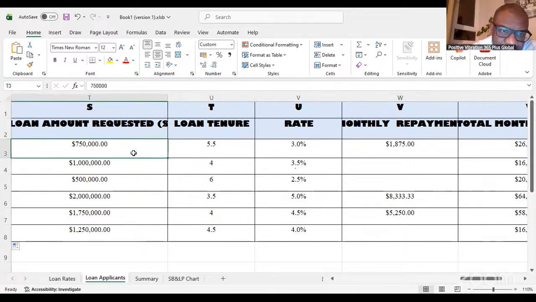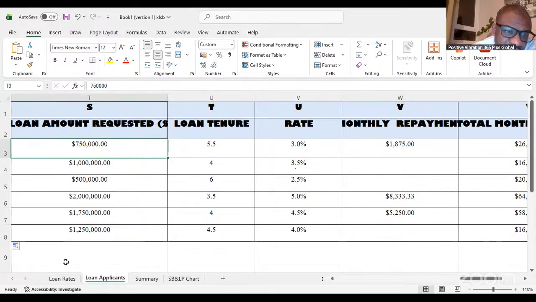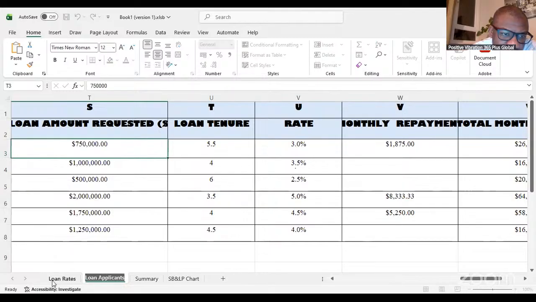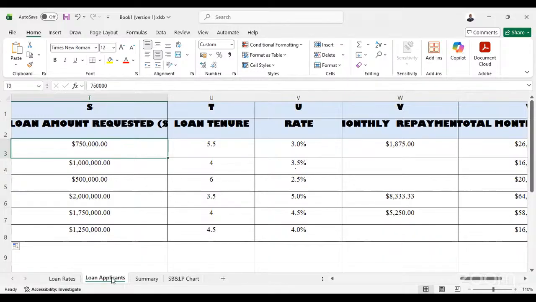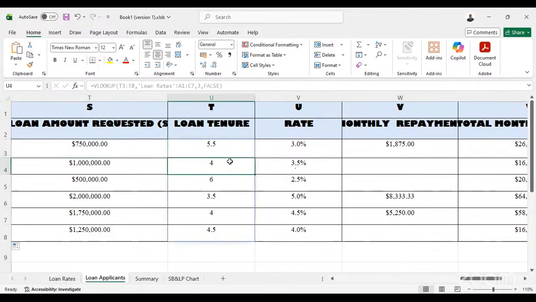Yes, sir. And they said to do it manually. So you need to make sure that these rates are these. So is it 750? Let's look. Make sure they are consistent with these. Have you done that? Yes, sir. Okay, cool. From here now, they want you to work out the loan tenure. This is between 3.5 years to a maximum of 6 years. This looks right. Cool.